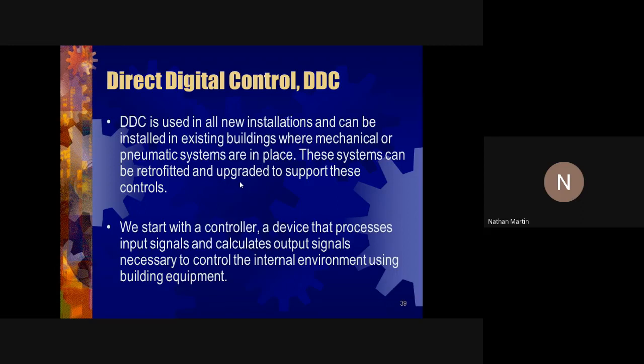Now, with the integration of IoT, our managers are able to go on their devices, whether a cell phone or a tablet, and view and monitor the system performance, and probably optimize it.